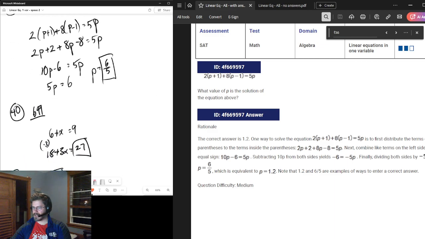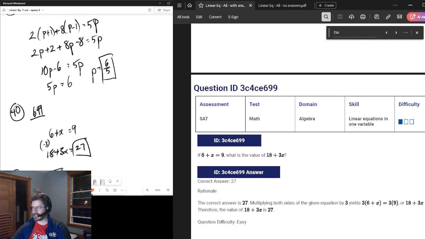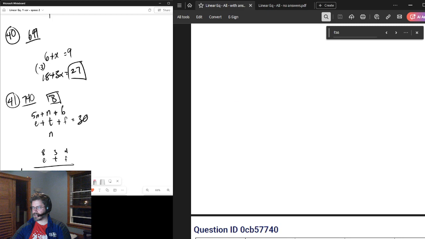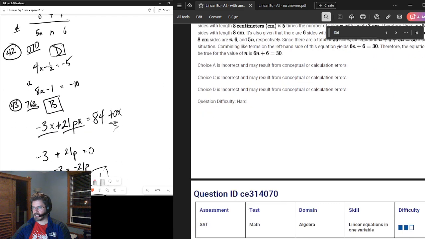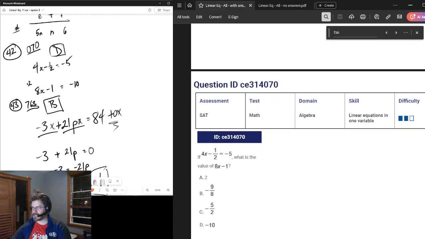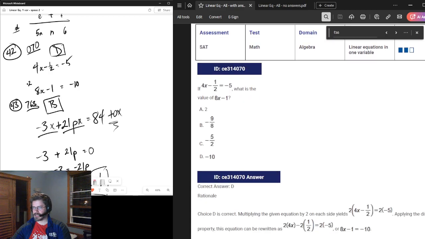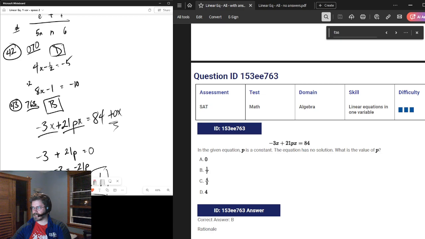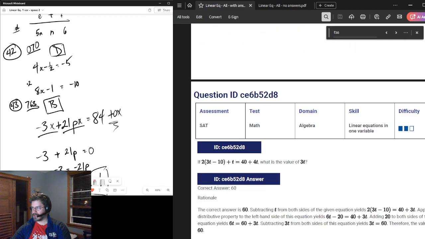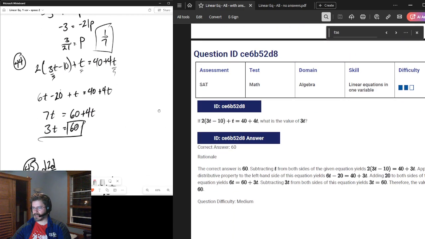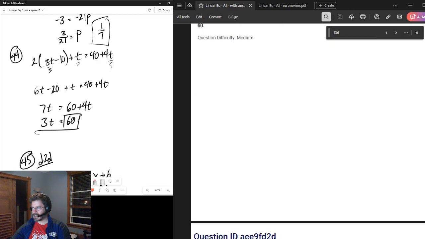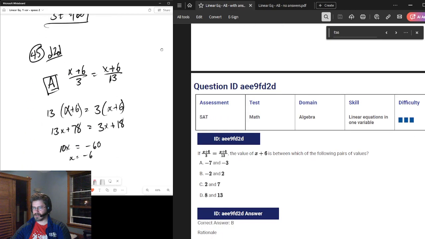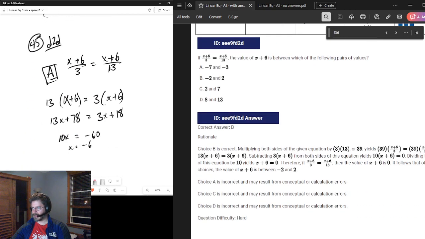We got 6/5, 699, 27, 740, B, 42 is 070 is D, 763, B, 2D8. Oop, forgot to write the code down for this one, but it is indeed 60. And then 2D, or D2D, B.